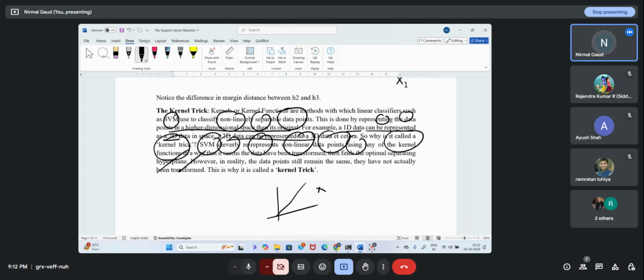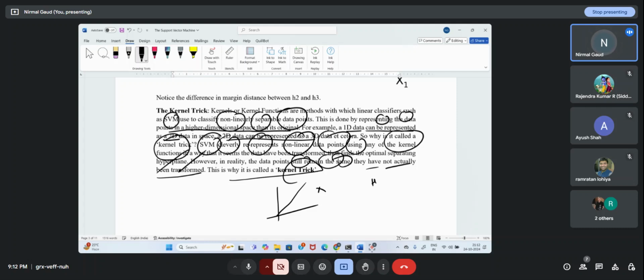There are some functions which we call kernel functions. So SVM uses these kernel functions as a kernel trick. The reality is the data points still remain the same. They have not actually been transformed, but they look like they have been transformed just to show classification. That is why it is called kernel trick.